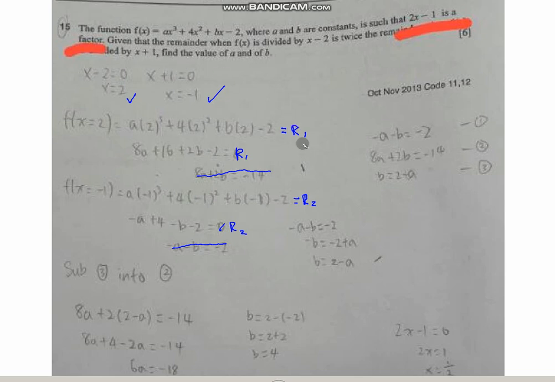That means the relationship between this R1 and R2 is this manner. That means R1, which is when divided by x minus 2, is twice the remainder R2.